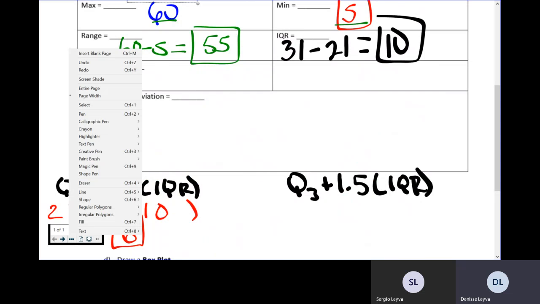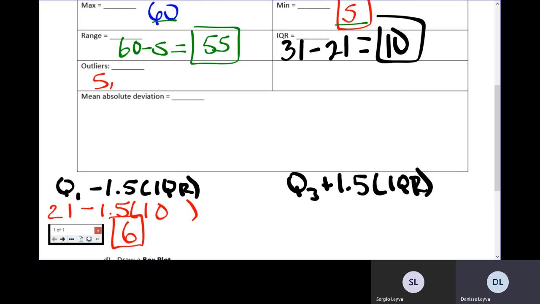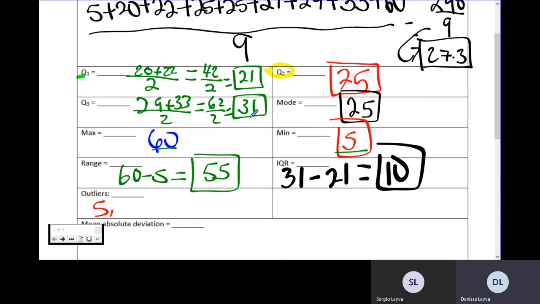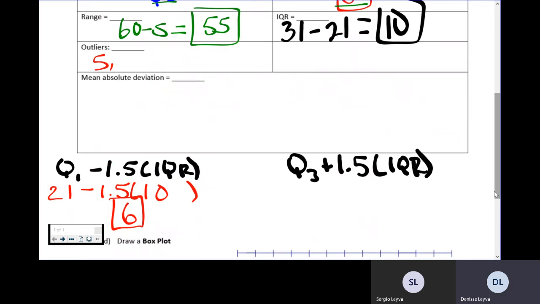And then I'm going to look for my upper outliers. So my Q3, I think it was 31. I can go double check. Yeah, my Q3 is 31. So I'm going to plug in 31 here, plus 1.5 times IQR, which is 10. If I put that in my calculator, I have 31 plus 1.5 times 10.